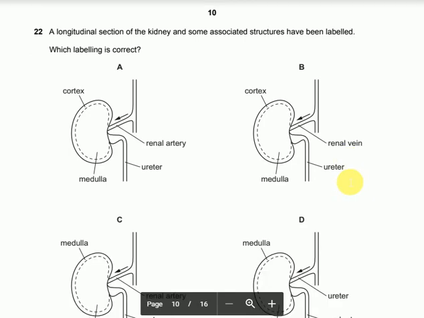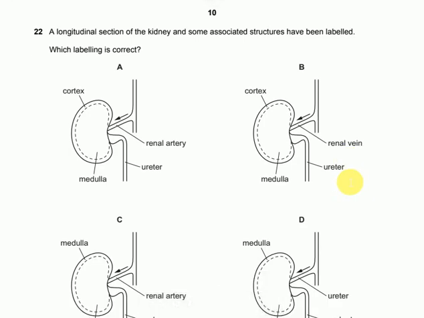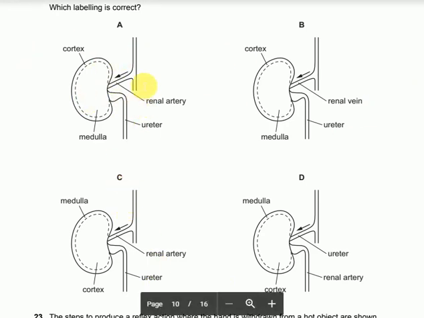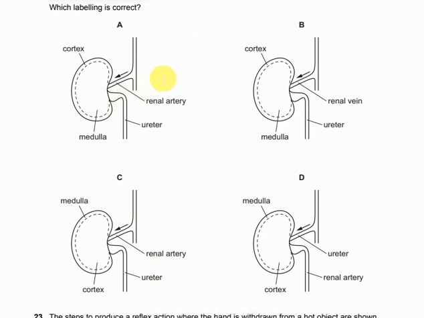A longitudinal section of a kidney and some associated structures have been labeled. Which labeling is incorrect? A. Okay, so the ureters are correct in A, B, C, D. The cortex medulla, it's A or B. This is the renal artery.